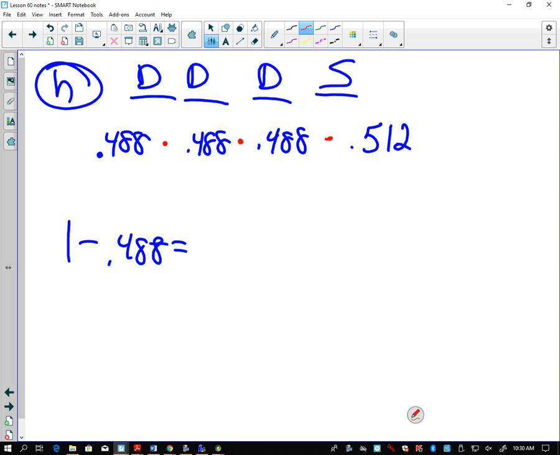We want 0.488 times 0.488 times 0.488 times 0.512, or you could take 0.488 to the third times 0.512. That gives 0.0595. Is that what you got? That's the probability. We don't need to convert that to a percent. It says round your answer to the nearest 10,000th, which is why we stopped at the last 5. Tens, hundreds, thousands, 10,000ths. Does that make sense?